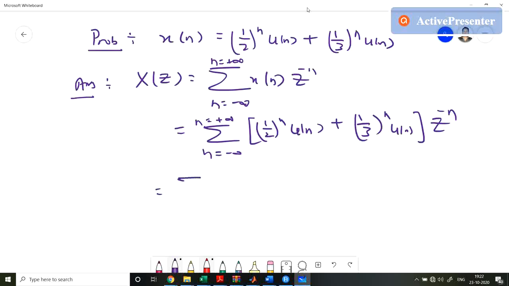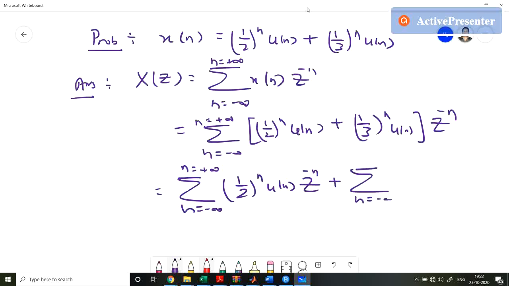And it is equals to summation n is equals to minus infinity to plus infinity 1 by 2 raised to the power n un z raised to the power minus n plus summation n is equals to minus infinity to plus infinity 1 by 3 raised to the power n un z raised to the power minus n.